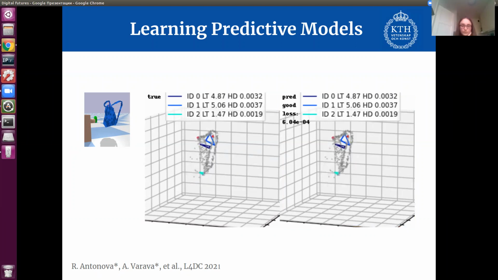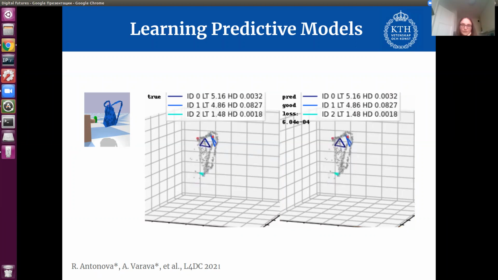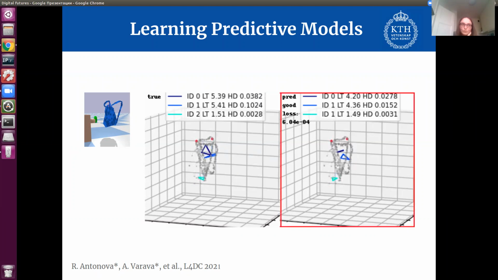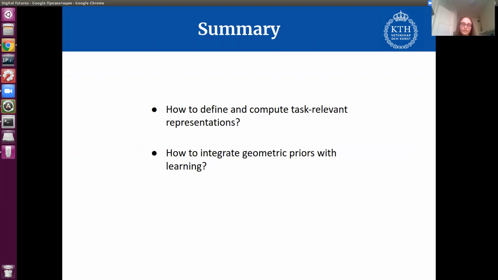So this is one of our latest results. And it contributes a small step towards answering this big question that I asked at the beginning of my talk: how we can combine priors and domain knowledge and some mathematically sound concepts with learning models. But it's of course just a small step towards this big goal.